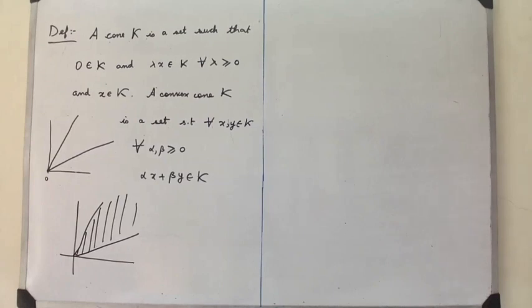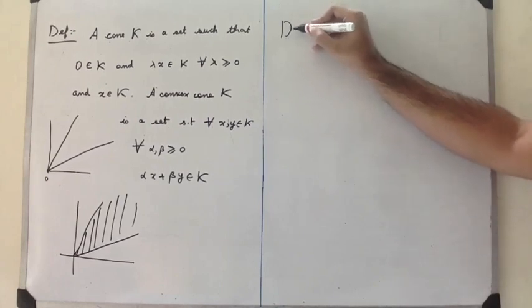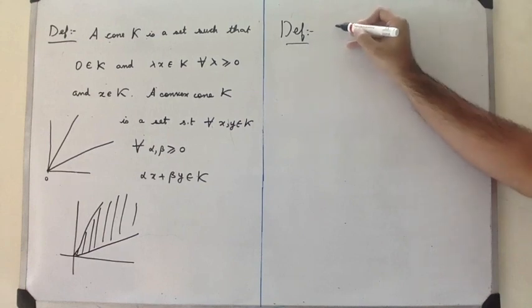We now have the definition of conic combination.